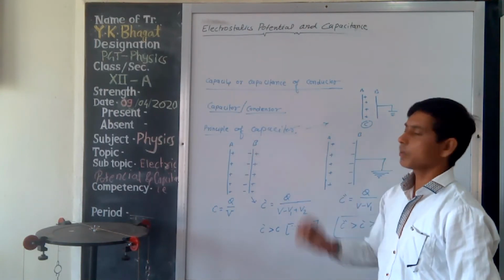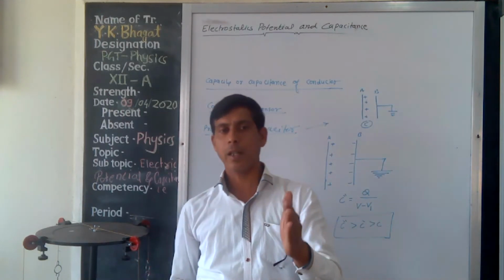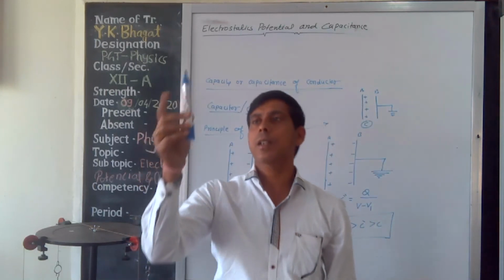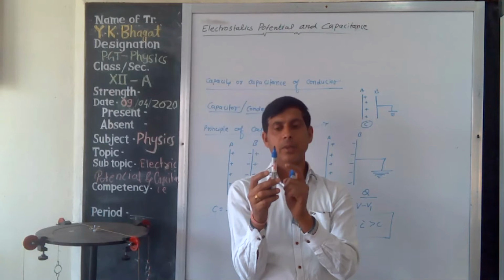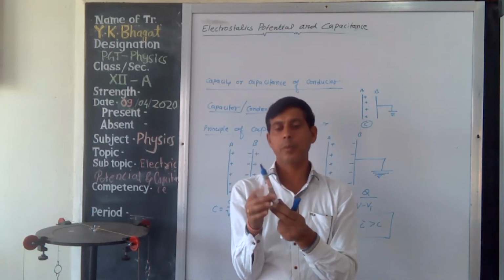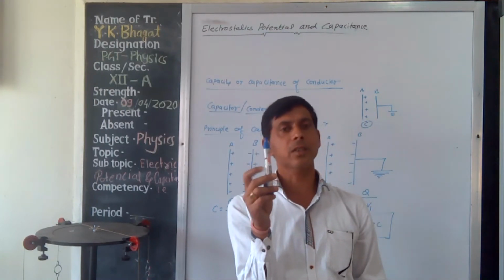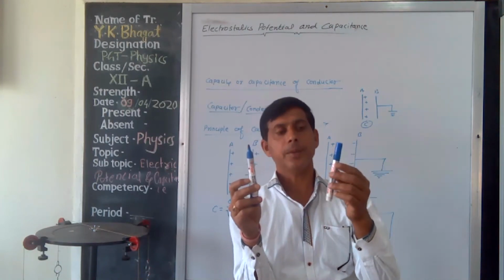What is the principle of capacitance? Then your answer will be: suppose there is a charged conductor and we want to increase its capacity. Q charge is given to it, V potential is developed across it. What process should be applied?